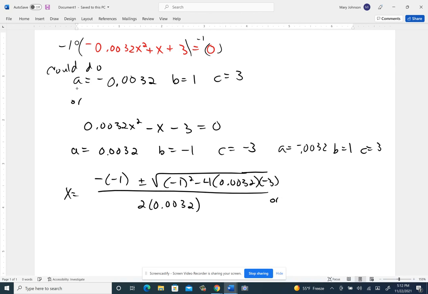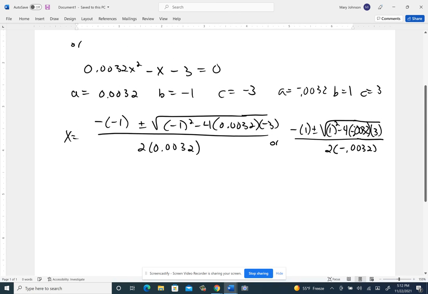Okay, so one of these two. You would have had opposite of B. Under here, you would square your B, -4 times that A value. That's the worst part, all those zeros. Times the C, all over 2 times your A value. Okay, so either one of those would have worked.